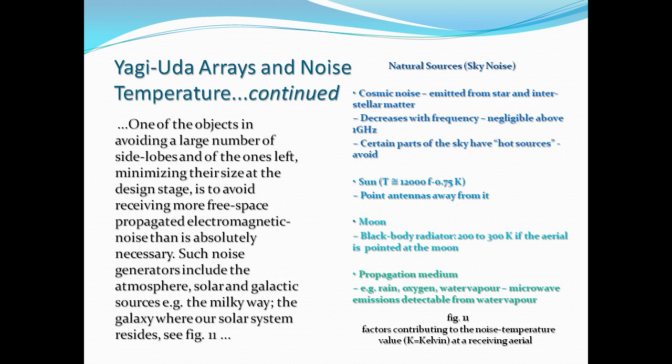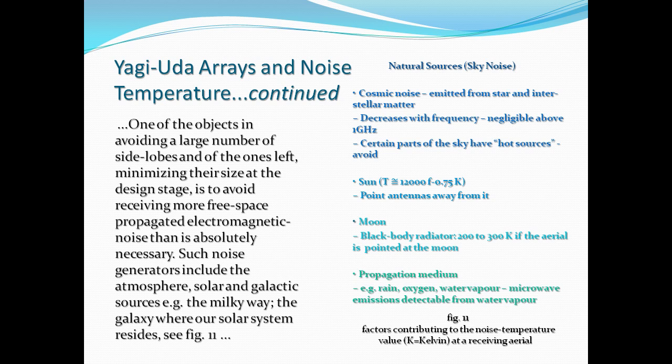Cosmic noise decreases with frequency and is negligible above 1 gigahertz. So, as I said, cosmic noise is essentially radio frequency noise. The official start of the microwave spectrum in the United Kingdom is 1 gigahertz. So therefore cosmic noise has only very low amplitude microwave components.